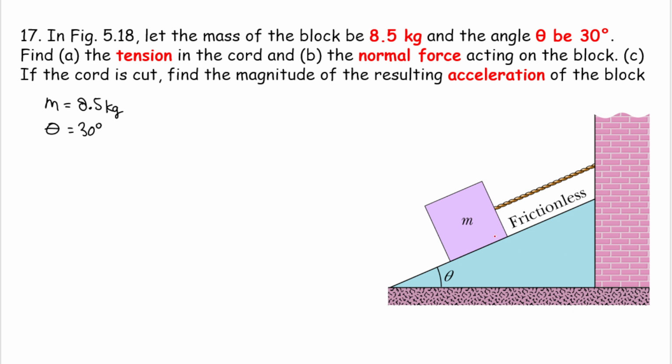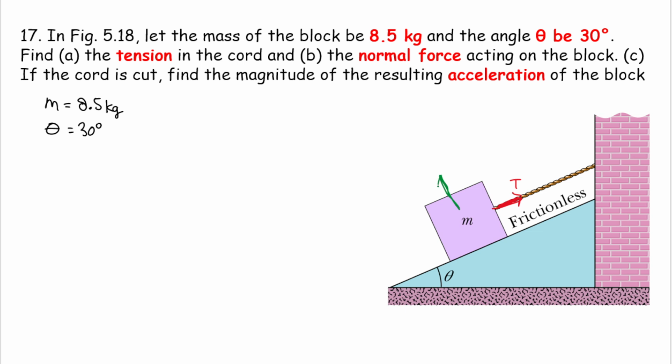So the tension of the cord will be this force here that goes there, right? So we will have this cord, the tension of this cord here, T, and then B, the normal force acting on the block, and the normal force is the force that goes there, right? So we will have this force here.